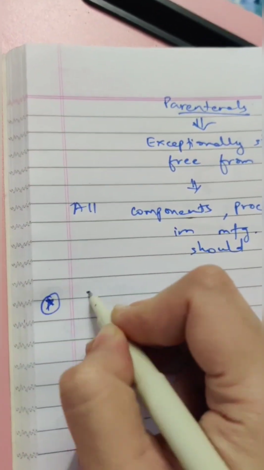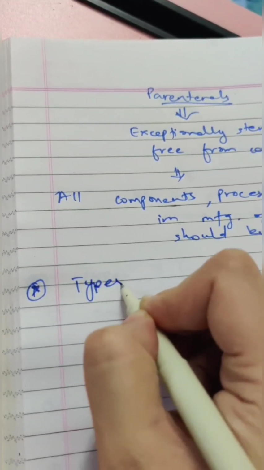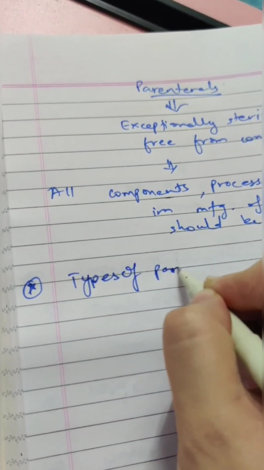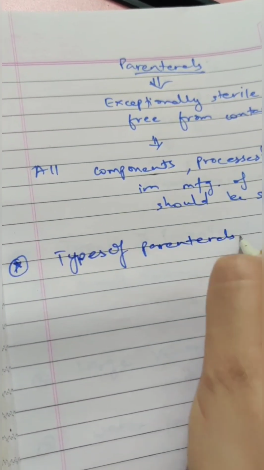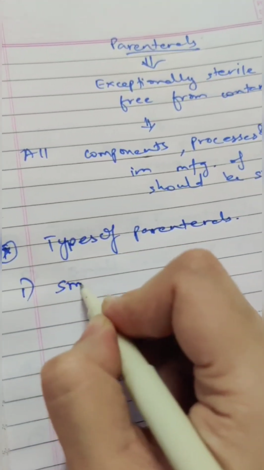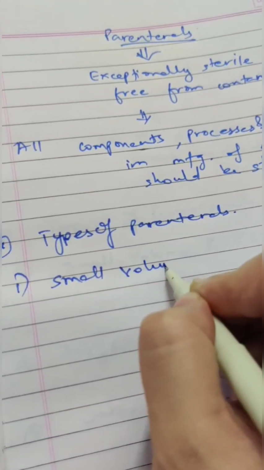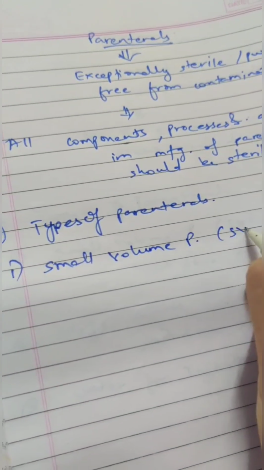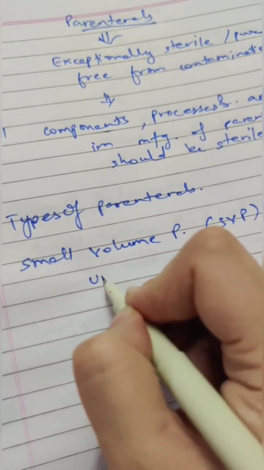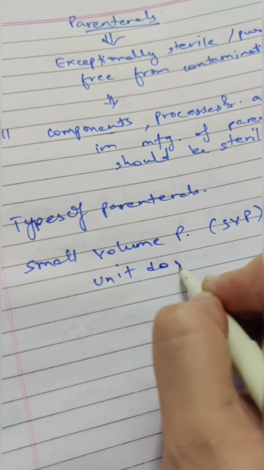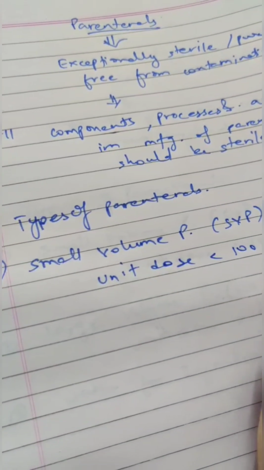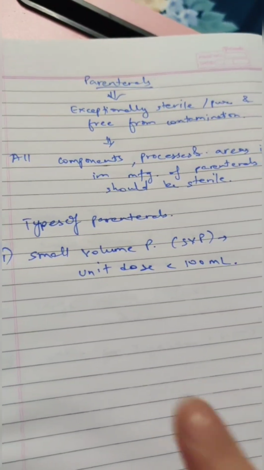Now moving on to the types of parenterals. Firstly, it's the small volume parenterals, written as SVP. Now the unit dose less than 100 ml comes under the category of SVP.